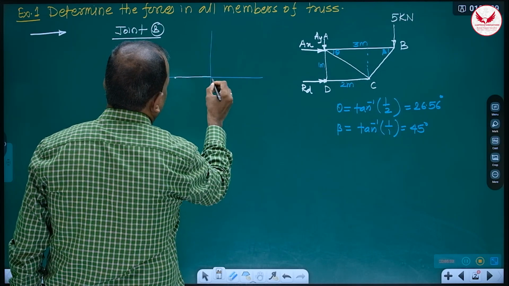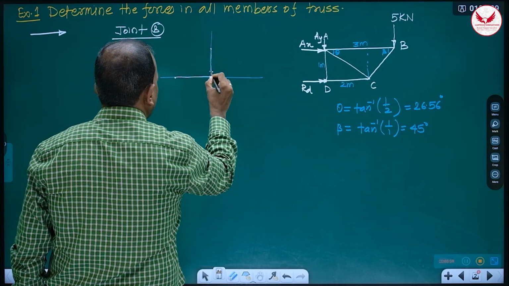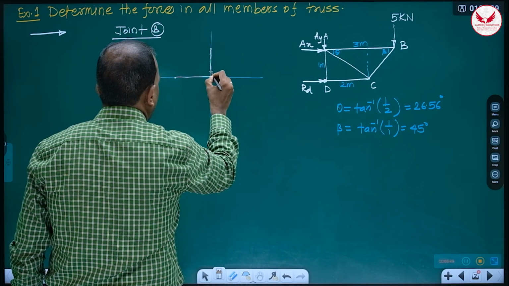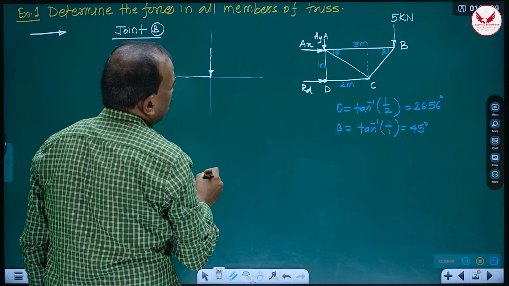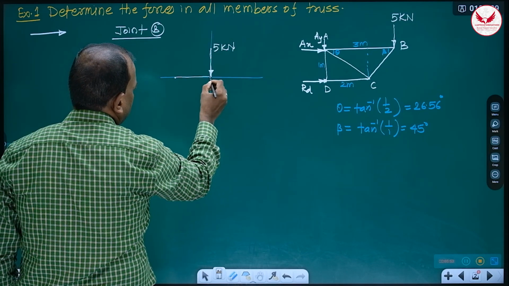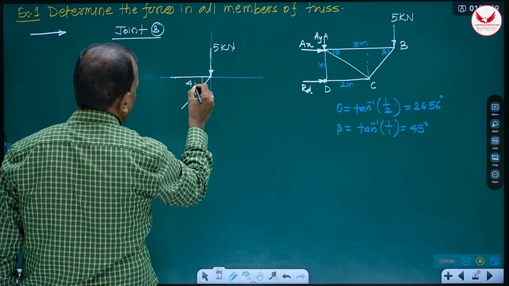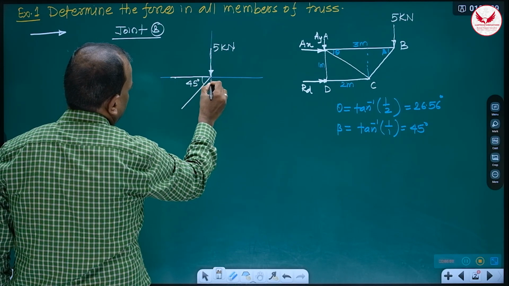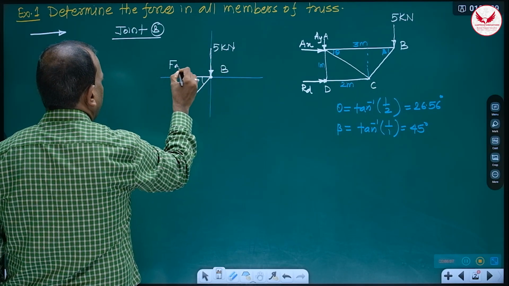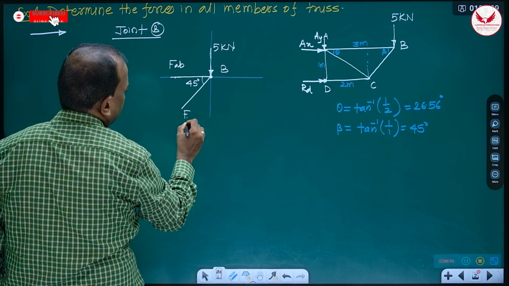The weight, or the external force, is downward, 5 kilonewton, and this BC member is making a 45-degree angle. So this is the joint B. This member is FAB and this is FBC.